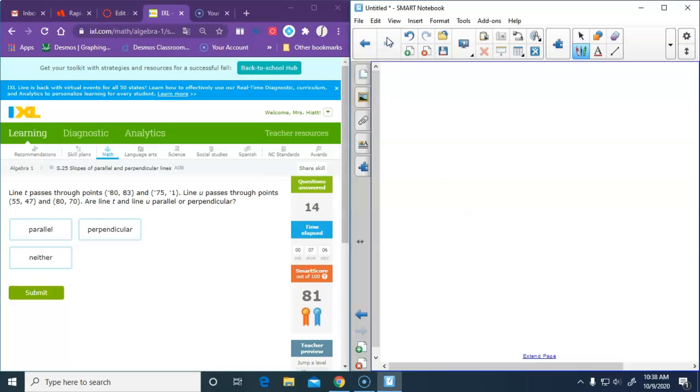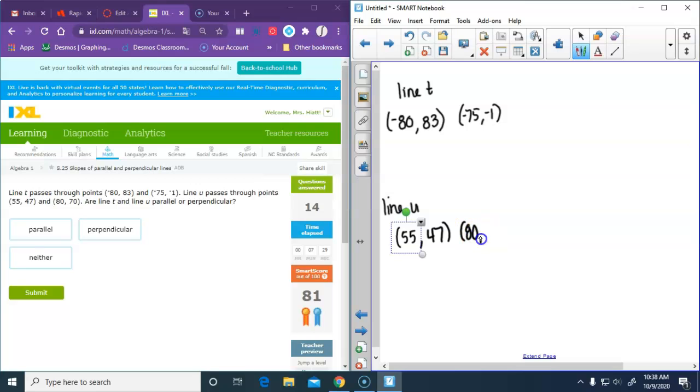Let's do one more of these that have these two points here. In this case, for line T, we pass through (-80, 83) and (-75, -1). And for line U, we pass through (55, 47) and (80, 70).